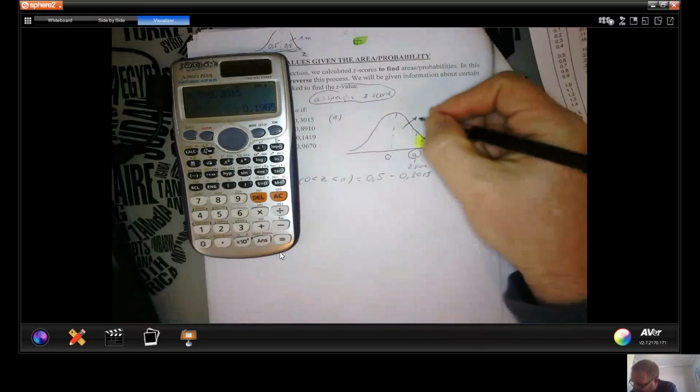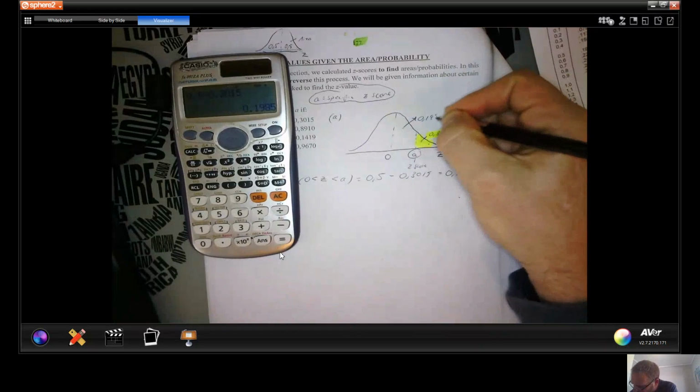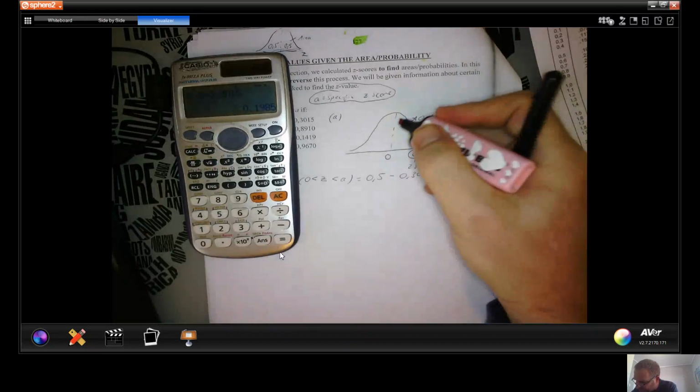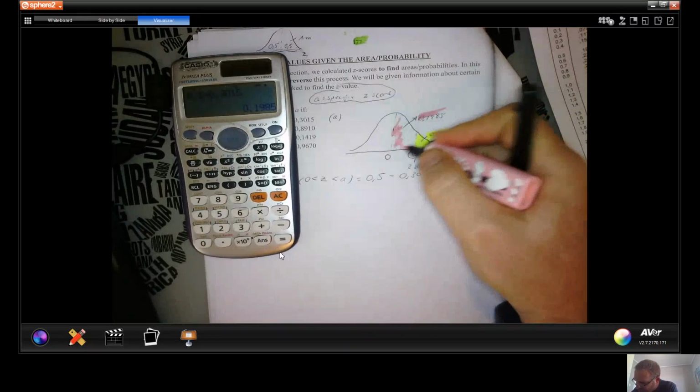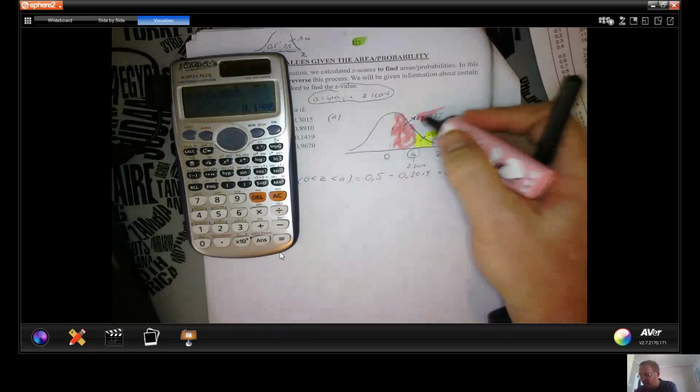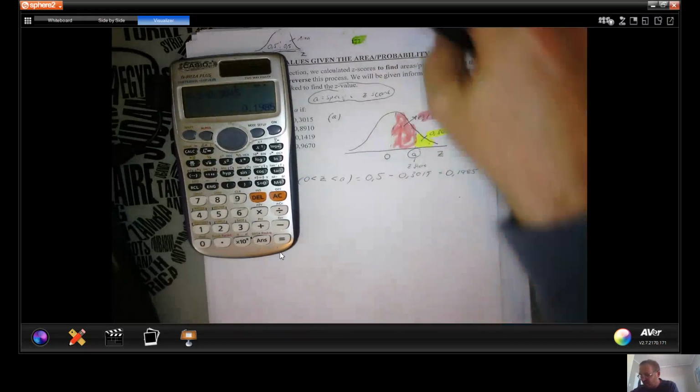So this area here in pink is 0.1985, because they've got to add up to 0.5. So that is what our table is going to give.